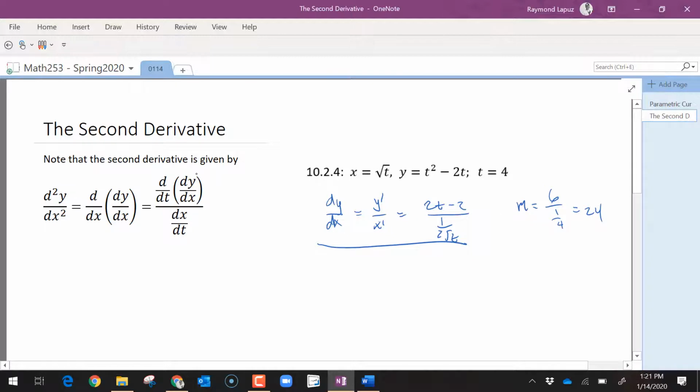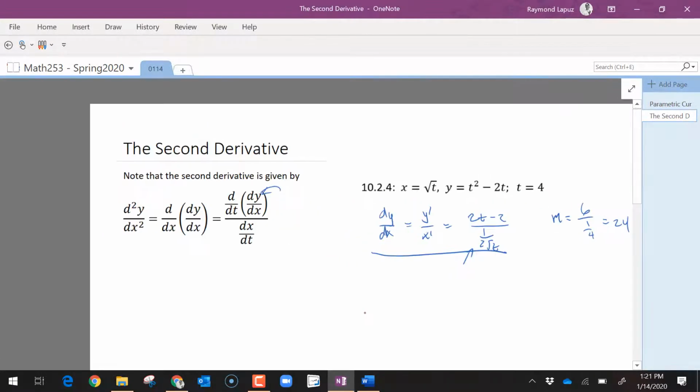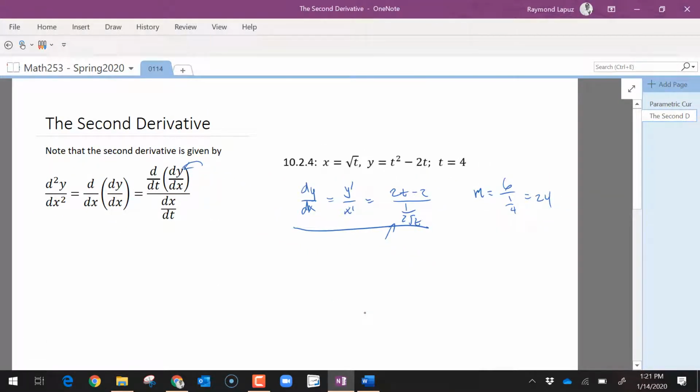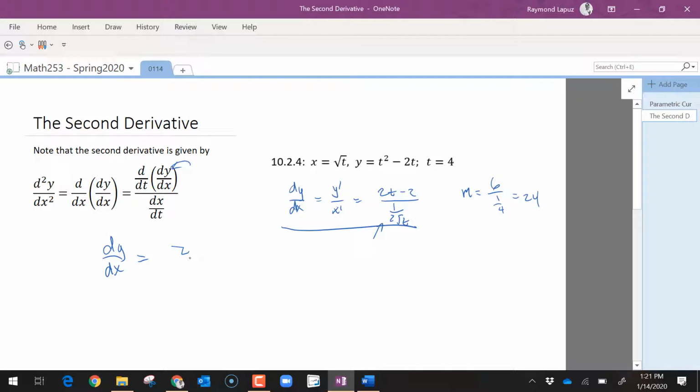Now, if we want the second derivative, what we need to do is take the derivative of this divided by the derivative of x, the original x. So it'd probably be worthwhile simplifying. I don't usually care about simplifying a derivative, except when you do second derivatives, then it might be better to work with a simpler first derivative. So let's rewrite dy dx as, say, 4, because they're reciprocal, right?